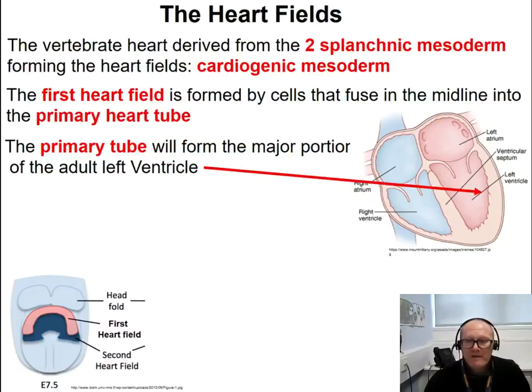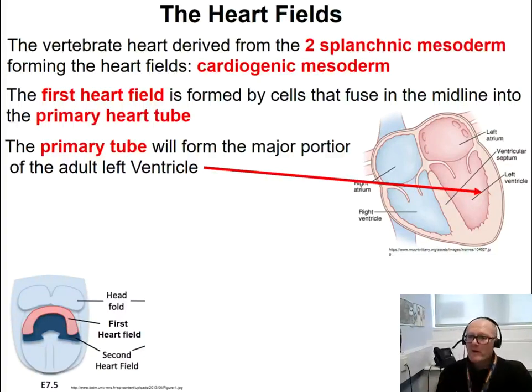The two chambers in a posterior position are the two ventricles, and the more anterior chambers are the two atria.